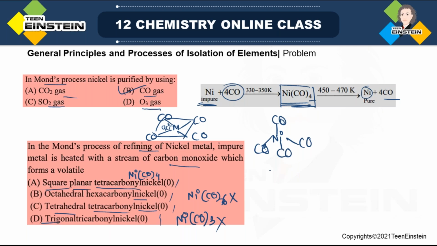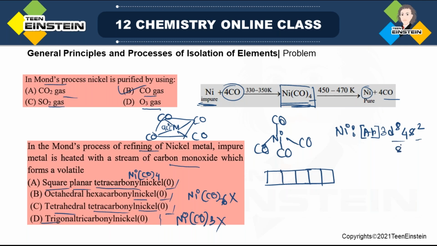Now nickel here has oxidation state 0, which is already mentioned in the options, and when it is 0, its configuration after argon is 3d8 4s2. This is the ground state configuration, but if we consider the electronic configuration, 8 plus 2, that means a total of 10 electrons, in 3d, then 4s and 4p.